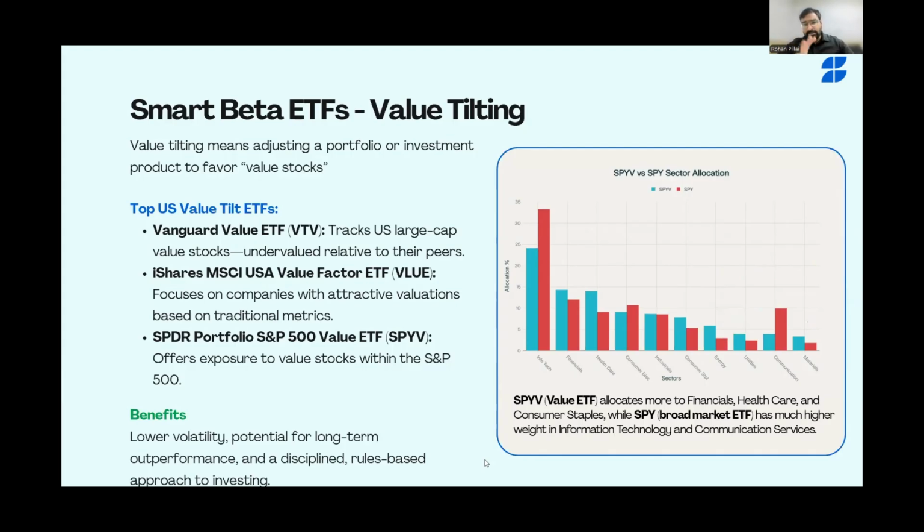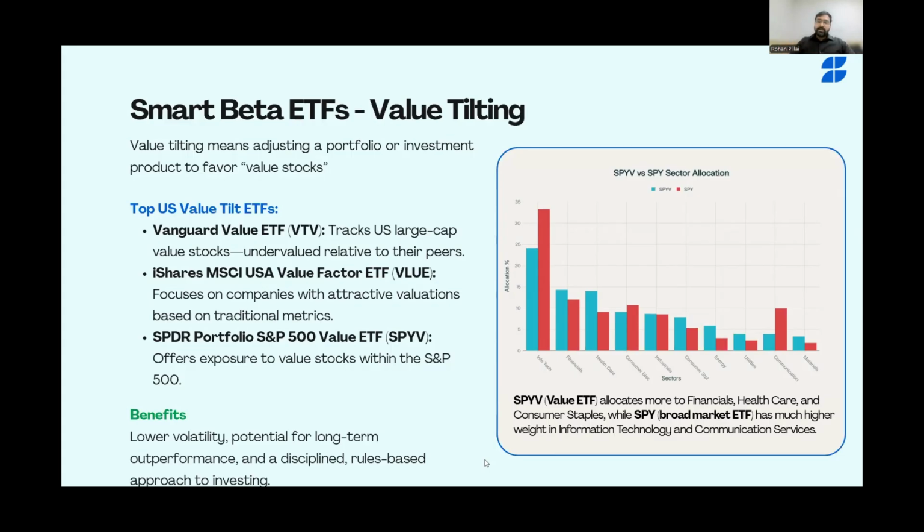And the returns of this ETF, SPYV compared to SPY. SPYV, the value ETF, 5 year returns is around 73%, and SPY, the mirror index, it's around 84%. Why is the value ETF giving us slightly lower?